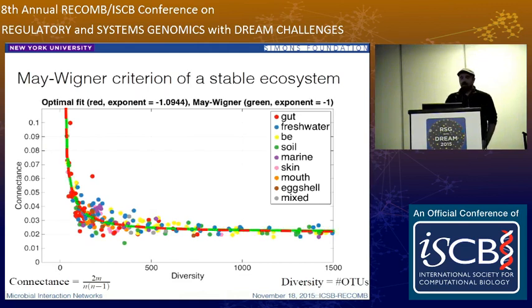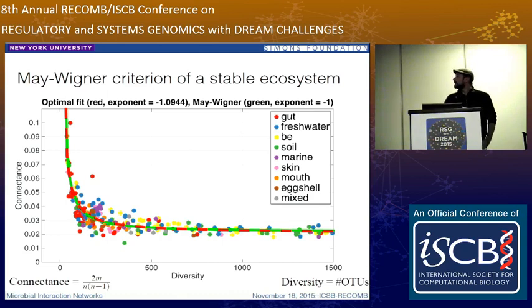Theory predicts that this exponent here is -1. A best fit, however you fit it, is around minus 1.09. So what you can actually say is that the ecological system in microbes is obeying the May-Wigner criterion for stability. And here you see the colors are the different habitats again.